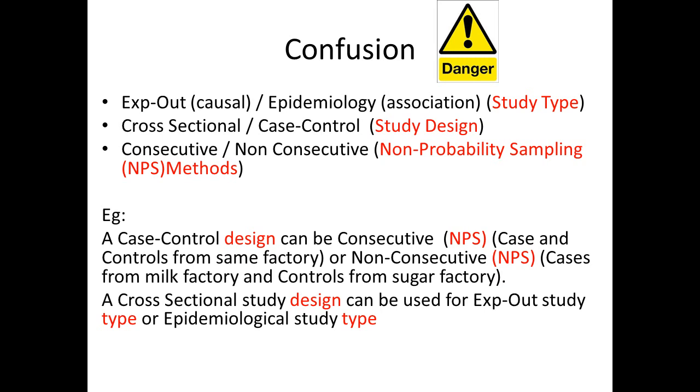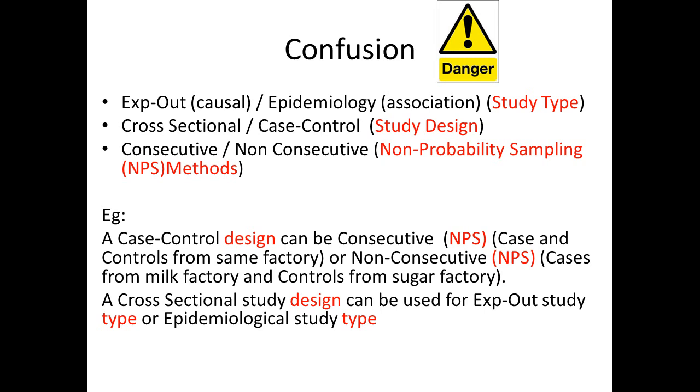But on the other hand, if I allow them to volunteer, so we have a group which has outcome B and a group which doesn't have outcome B and a group which didn't volunteer to come into our study, so we don't know the outcome. So that would be an example of a non-consecutive sample. Or if I go to the milk factory and take those with the disease and go to the sugar factory and take those as the controls, that would be an example of non-probability sampling which is non-consecutive, right?